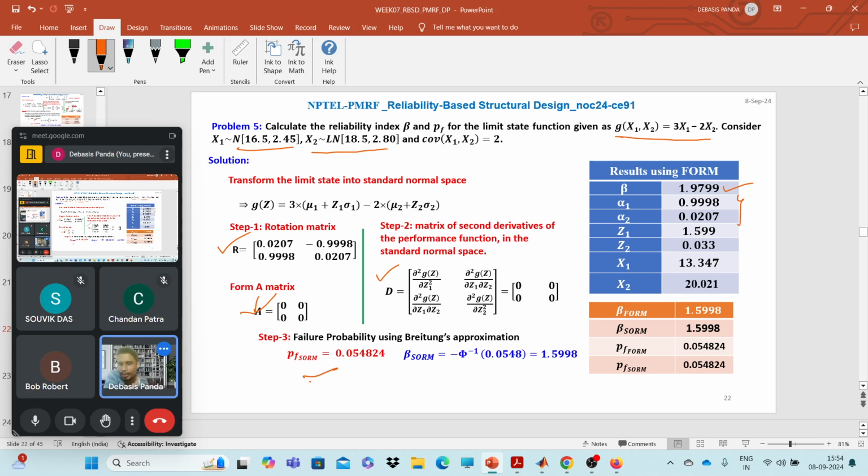That means the reliability index beta using first order and beta using the second order will be the same. And here we have seen that this is actually happening. We are having the same values. So I hope you have some idea about the concept of the second order reliability method and the Breitung model.